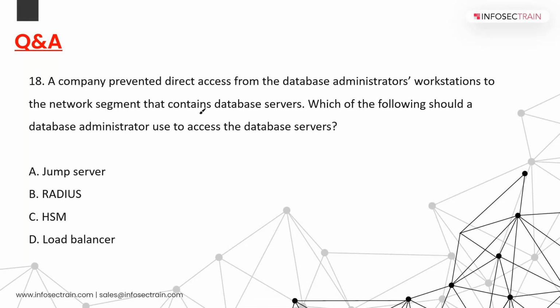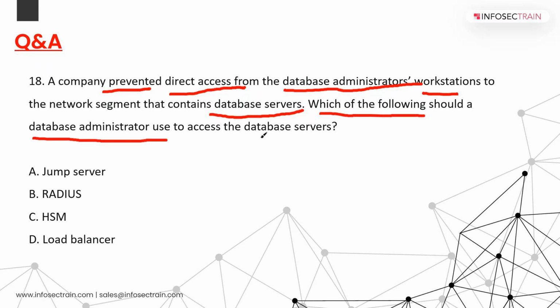The question says that a company prevented direct access from the database administrator workstation to the network segment that contained the database server. Which of the following should a database administrator use to access the database server?